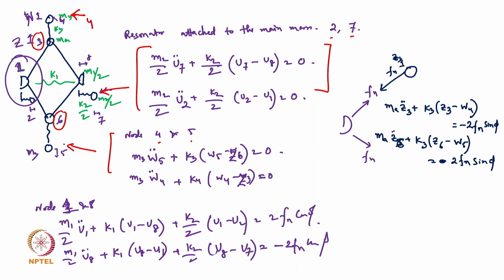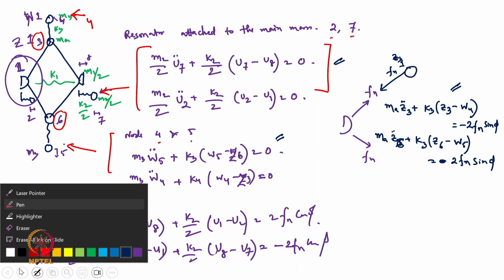Now what is my objective or goal? We should try to condense all the equations in terms of the nodes. So this set of equations, this set of equations, and this set of equations we should try to condense. If I try to write here, what can we get?